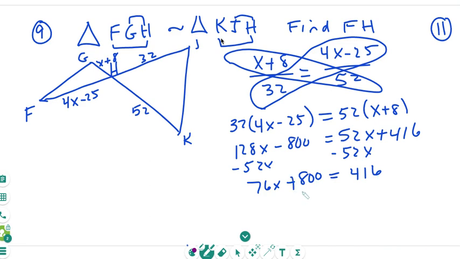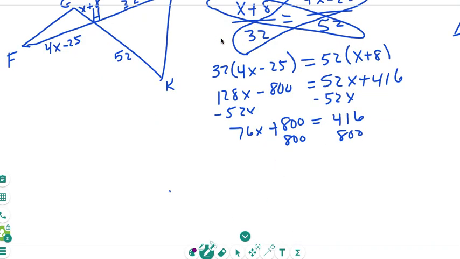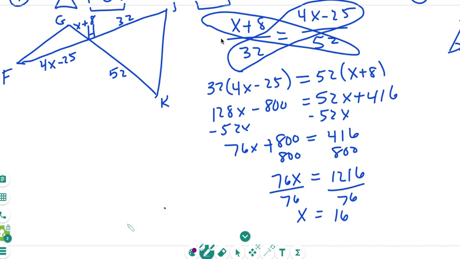I'm going to zero pair out my 800. And that's going to give me 76x is equal to 1216. Divide by 76, divide by 76, and x is going to equal 16. Now, it didn't ask for x, it asked for FH.